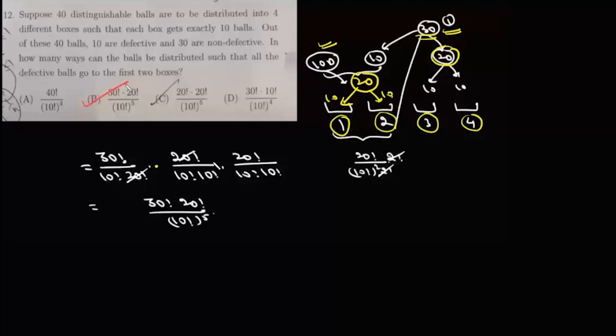In the same way, for boxes 3 and 4, again we can distribute these 20 balls in 10 and 10 as factorial 20 divided by factorial 10 squared. If you want to simplify it, it will come as factorial 30 into factorial 20 upon factorial 10 to the power 5, and that's your option B.